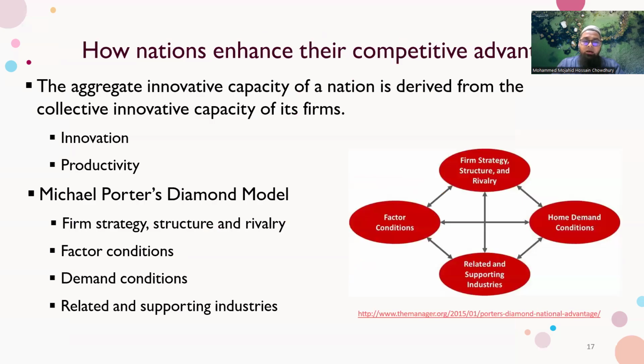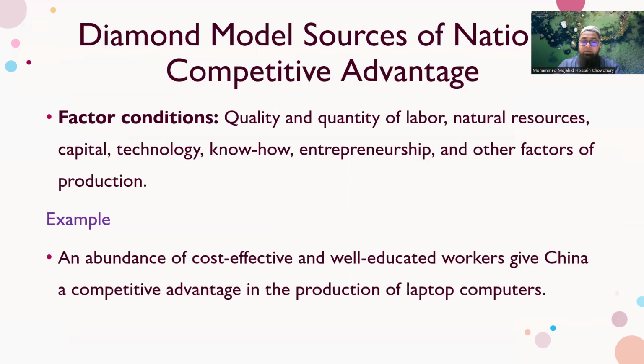Okay. Now come to Michael Porter's diamond model, because he is explaining how nations enhance their competitive advantage. He told that firms can get competitive advantage in four ways: first, firm strategy, structure and rivalry; factor conditions; demand conditions; and related and supporting industries. Let's have a look at this. Quantity and quality of labor, natural resources, capital, technology, know-how, entrepreneurship, and other factors of production are called factor conditions.